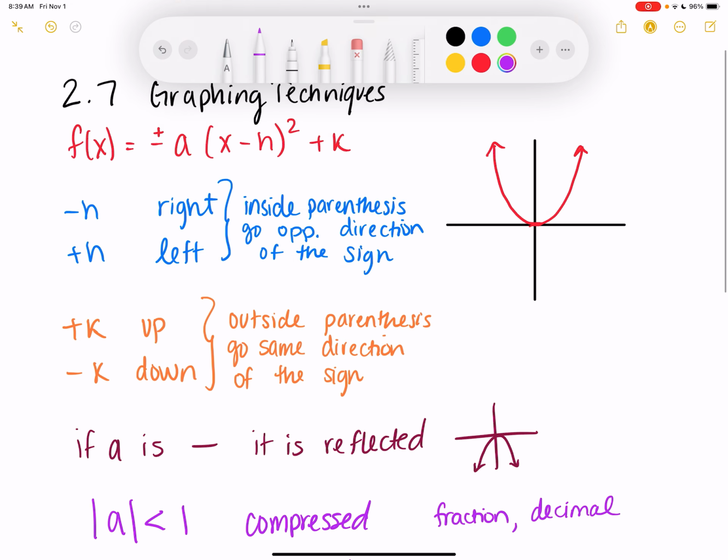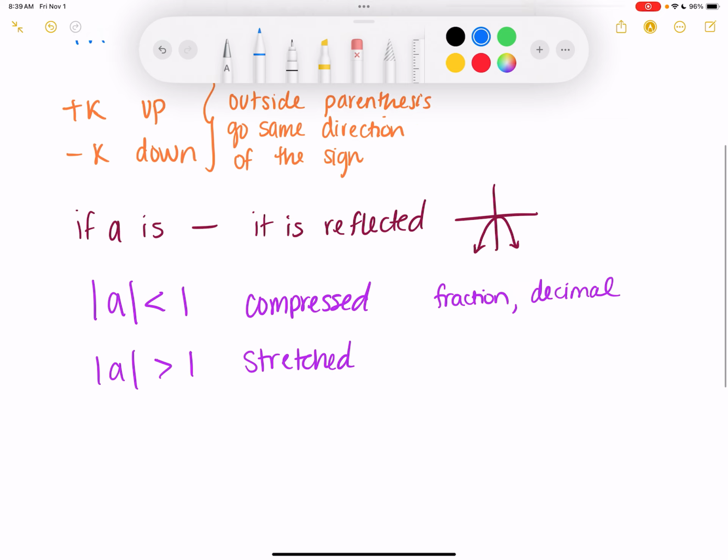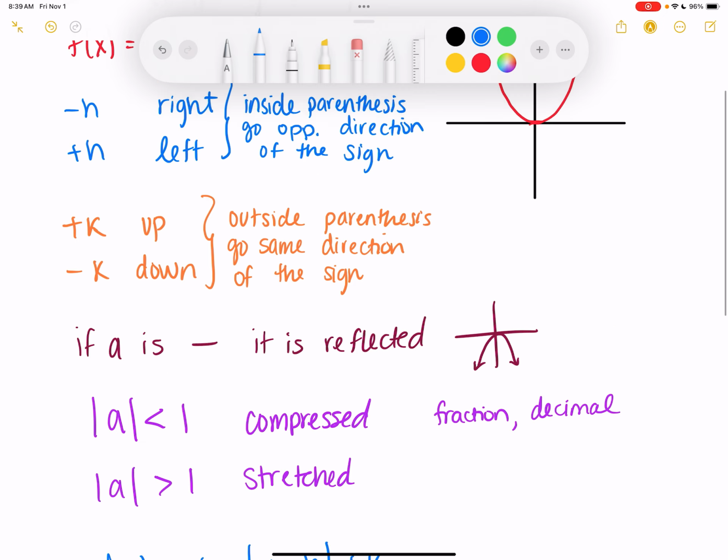All of this would be the same if I had a basic absolute value function like plus or minus a times the absolute value of x minus h plus k. All of these rules still apply. Works the exact same way. We treat what's in the absolute value bars like what's inside the parentheses.